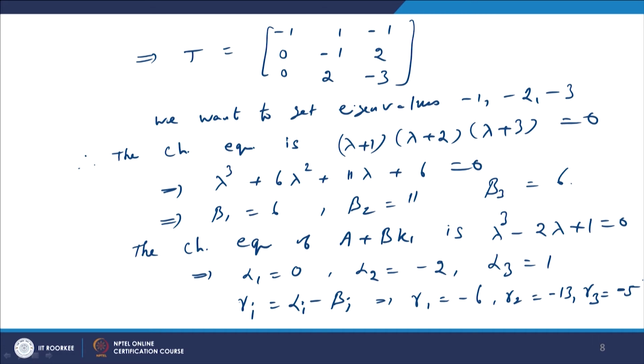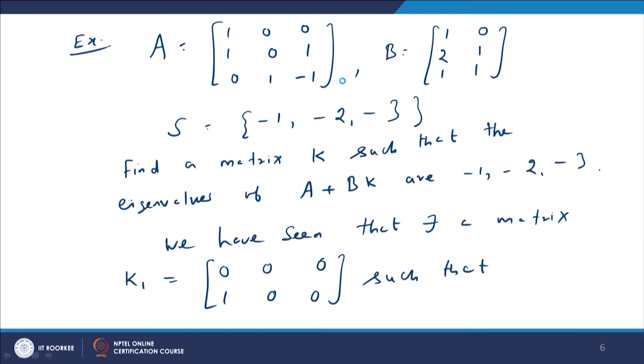Then again recall the method which we have seen in the second lecture: the row vector k is given by gamma multiplied by T inverse, and once we calculate this, we can calculate the K2 vector, which we require in this procedure.